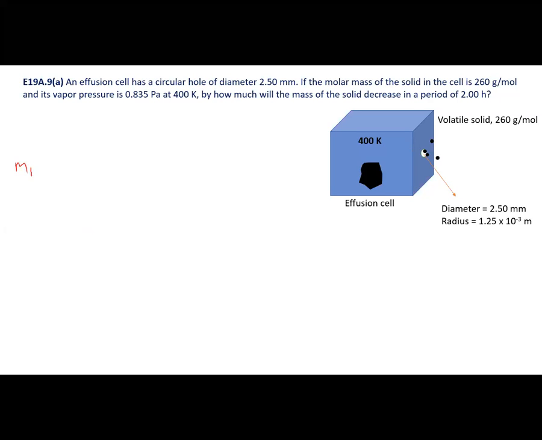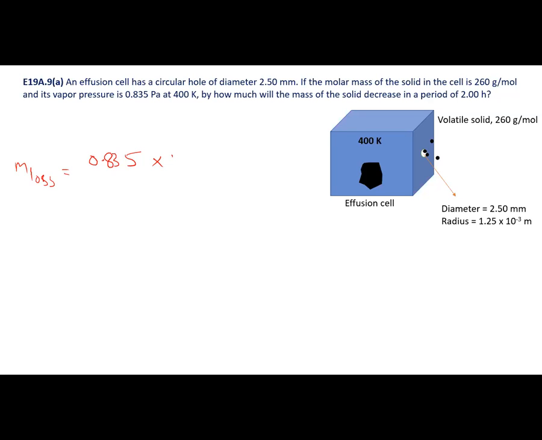So mass loss is equal to 0.835, that's the vapor pressure, times area.